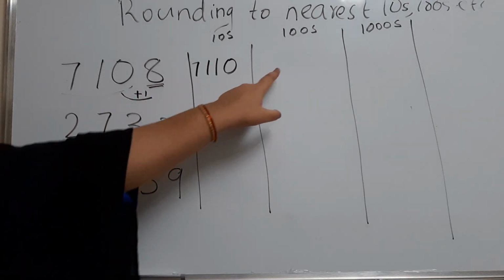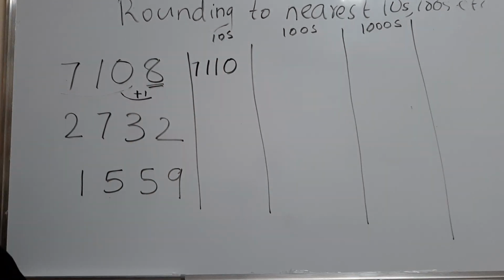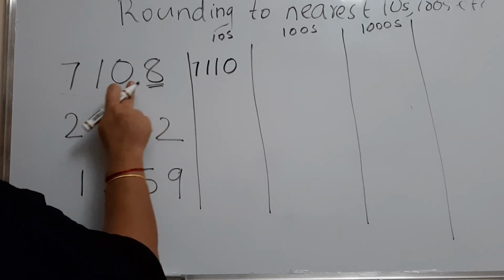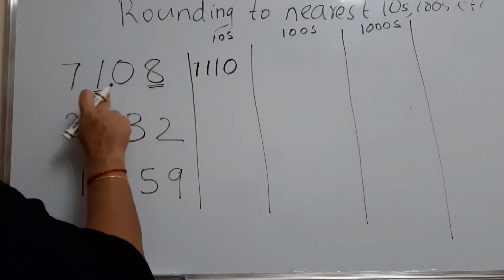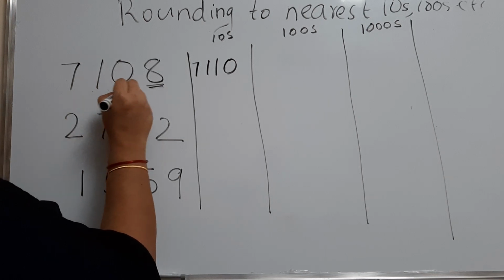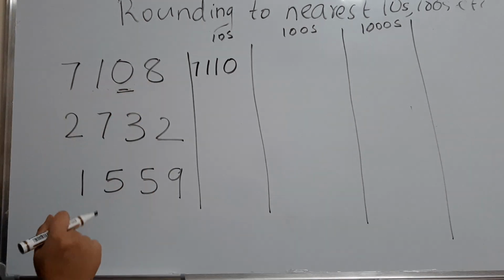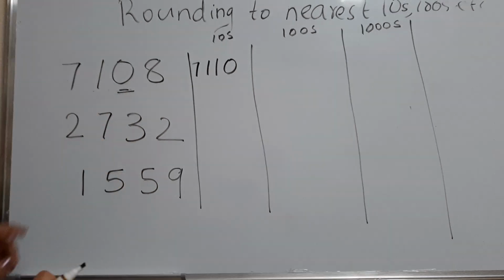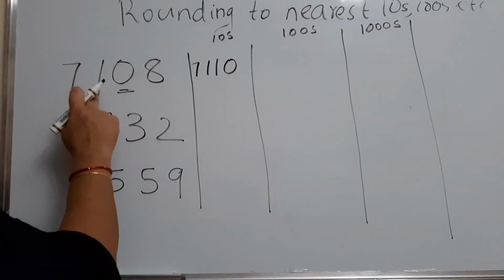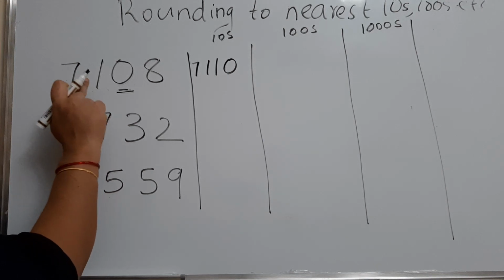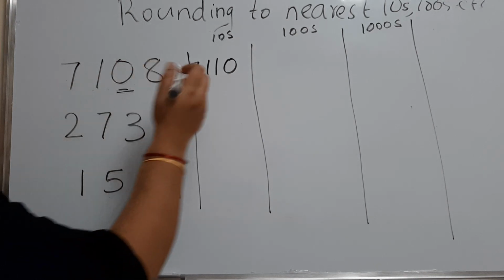Now, if rounding to the nearest hundreds, you want to check the tens place. Here the tens place is less than 5. So the hundreds place remains the same.